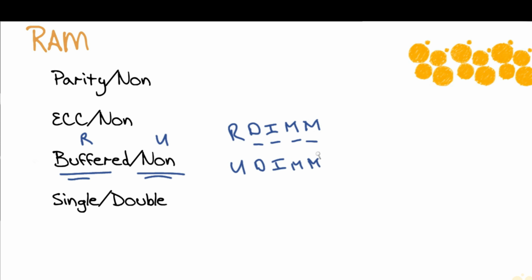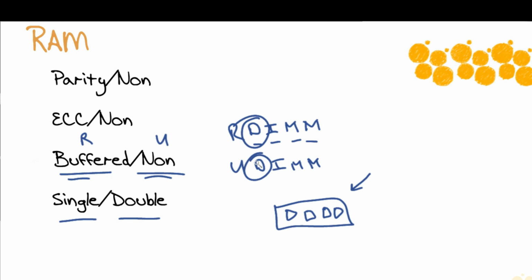Now, another variation is, are we using a memory module that has RAM just on one side of it? Or do we have a memory module that has double the RAM? And that's what, by the way, we have when we have this D in the word DIMM. We are talking about memory that's on each side of the module.